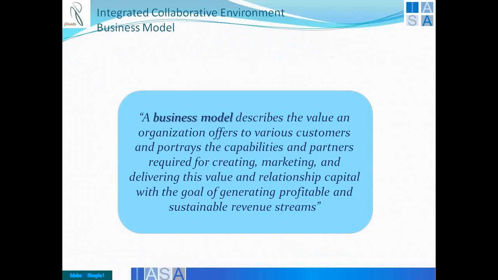What does it really mean? A business model, if you look at it, when a couple of you would have thought about starting your own ventures, or you would have heard of others talk about ventures.